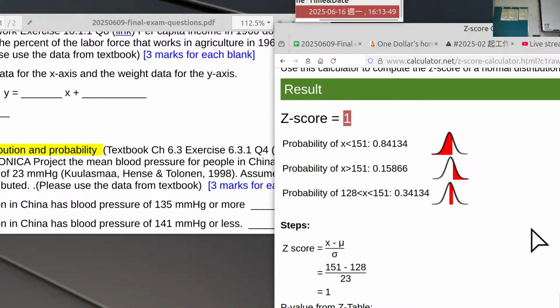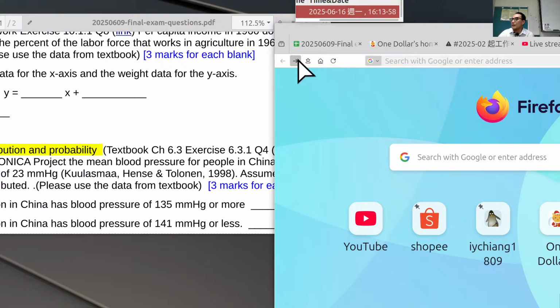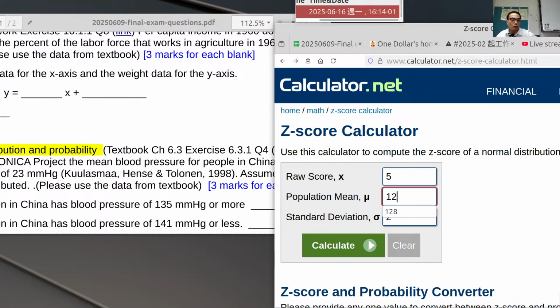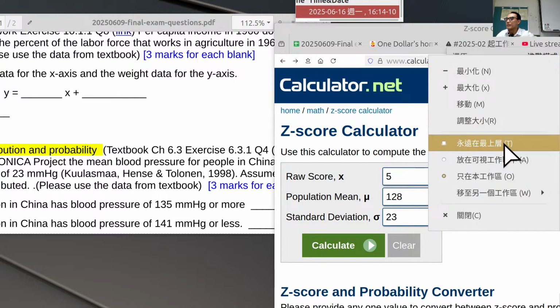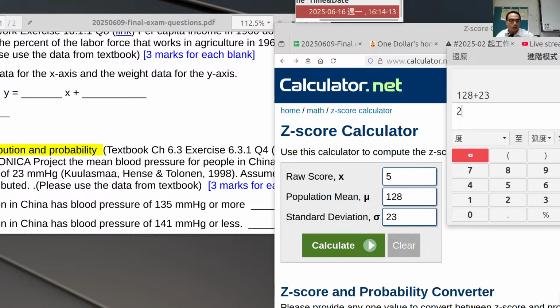Okay, and I have one more question. If you type the mean 128 and the standard deviation 23, and then type 128 plus 23 multiplied by 2, that is 174.